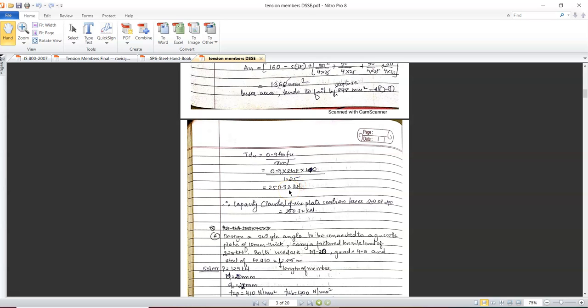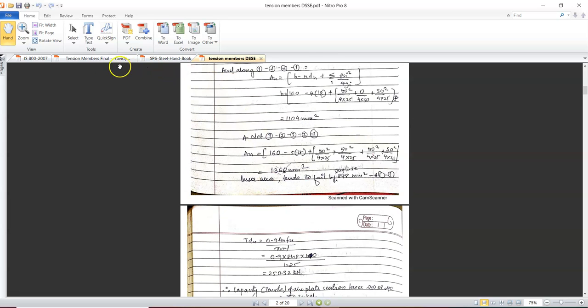Therefore, the strength of the plate will be the lesser of the yielding strength of the gross section or the rupture of the net section, so the lesser of those two is 250.32 kilonewton. That is the tensile capacity of the given plate, 250.32 kilonewton.